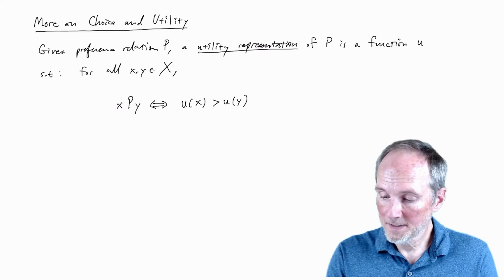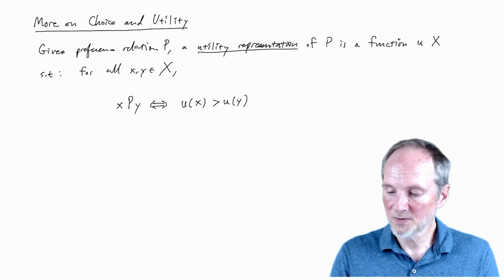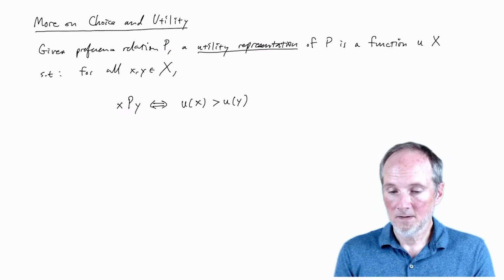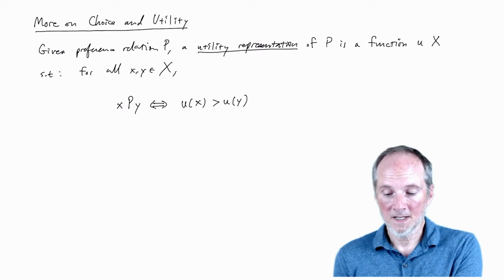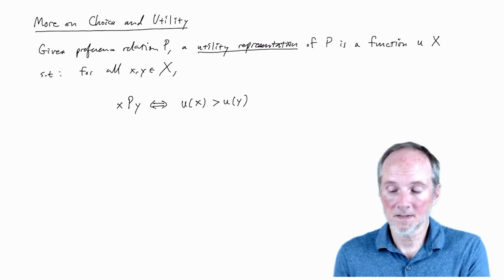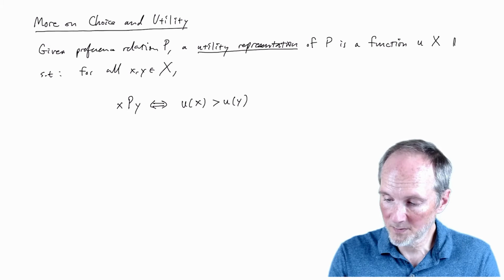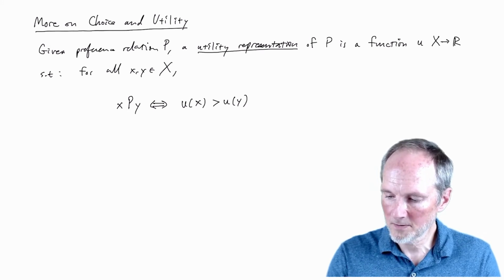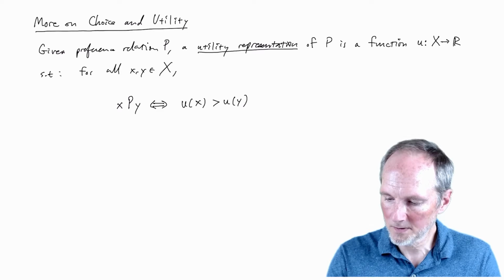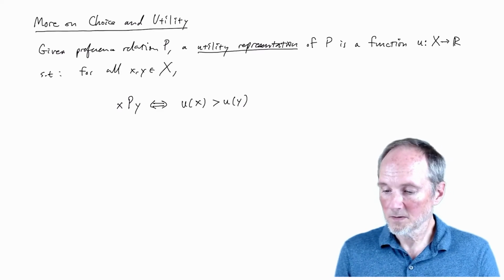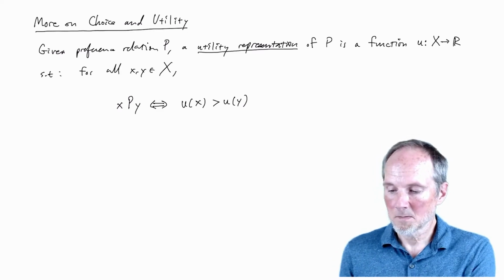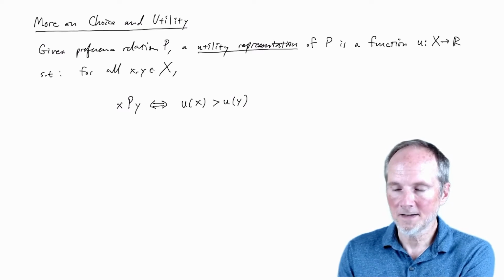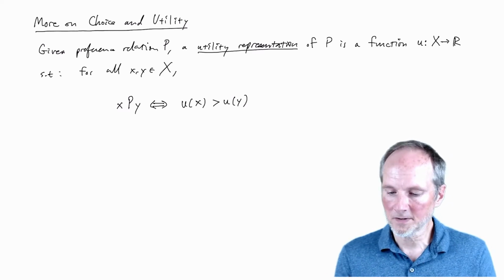Here, it's defined on the set of possible choices. And what does the function give us? In this case, it's giving us utilities, real numbers. So we use this notation here, and we put in a colon. It's just a function, but we're identifying the domain and the range of the function.